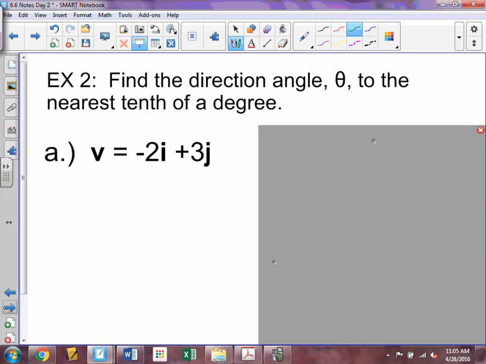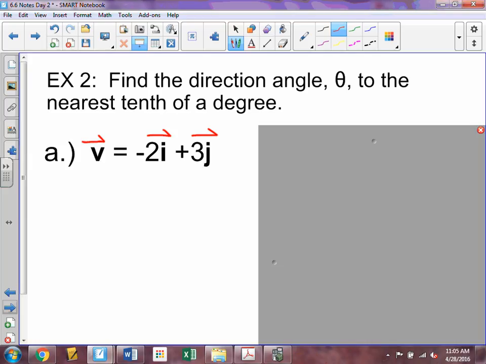So let's try one. Find the direction angle theta to the nearest tenth of a degree. And here's our vector. Vector B, negative 2i plus 3j. What quadrant is that in?